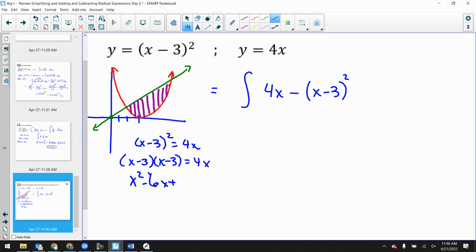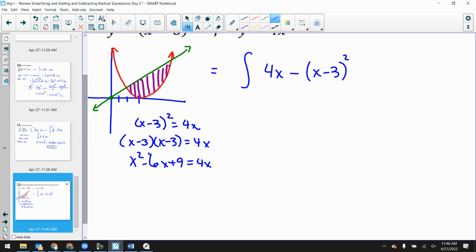Negative 3 times negative 3 is a positive 9. Subtract over the 4x. What are factors of 9 that add to get to negative 10? 9 and 1. Right, negative 9, negative 1, right? x minus 1, x minus 9. So that means I've got x equals 1 and x equals 9.